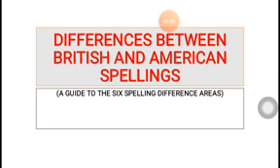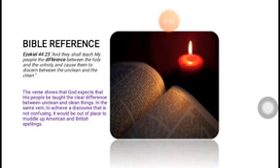But as usual, let's quickly look at our Bible reference for this lesson. Let's see what the Bible has to say. Our Bible reference is taken from the book of Ezekiel, chapter 44, verse 23.